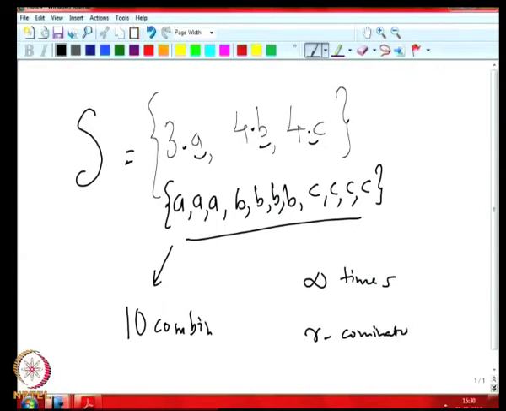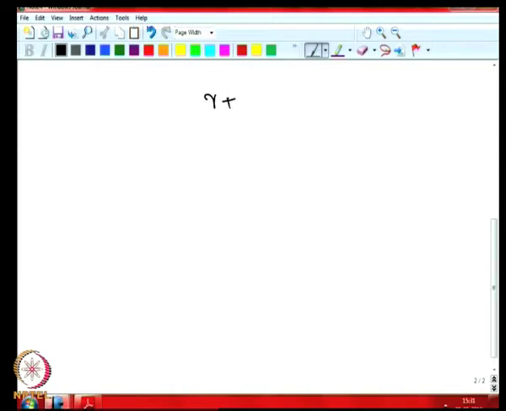That means there is no restriction on how many times I can take a certain type of thing, and there are n types of things, then the answer is r plus n minus 1 choose r. This is what we did elaborately when we studied combinations with repetition, or combinations of the multisets, right.